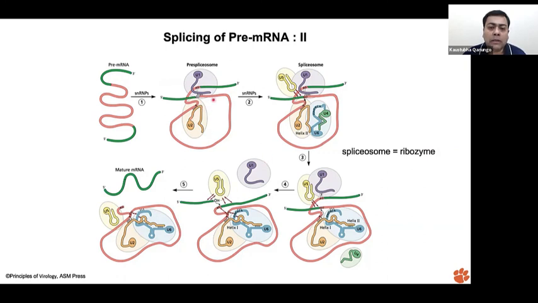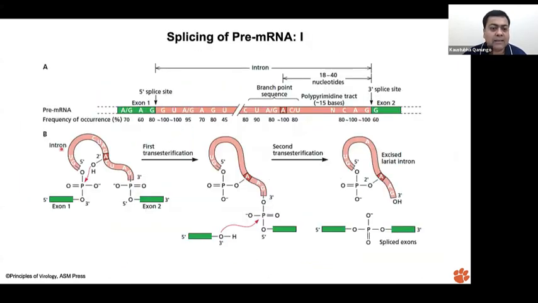So all these assemble around a structure which we call a spliceosome. The spliceosome is nothing but a ribozyme, which is a catalytic RNA. So you can easily see right here, this catalysis is done by an RNA. The part of the RNA is attacking the other part and doing this reaction.